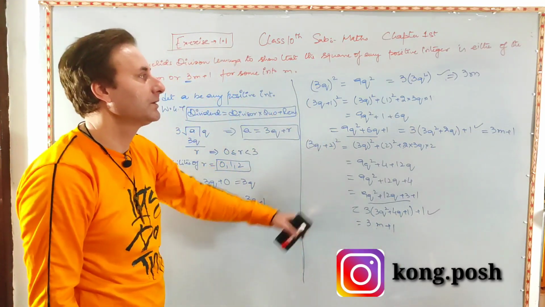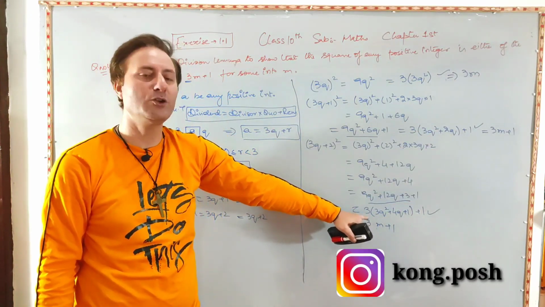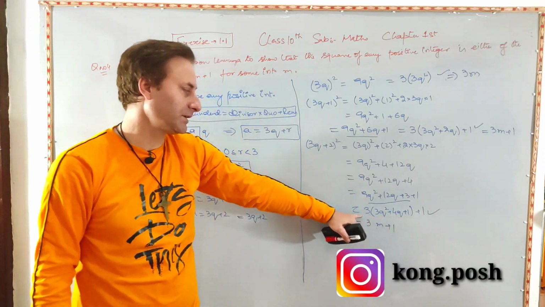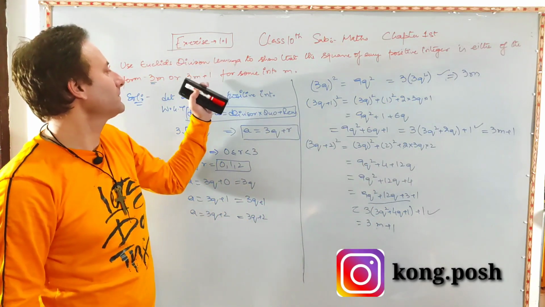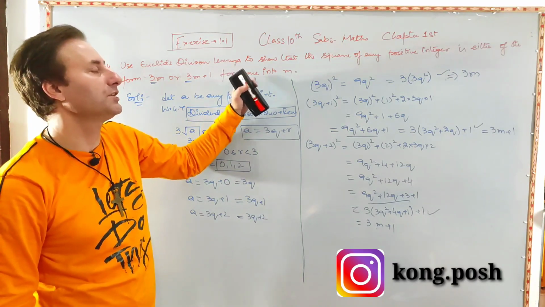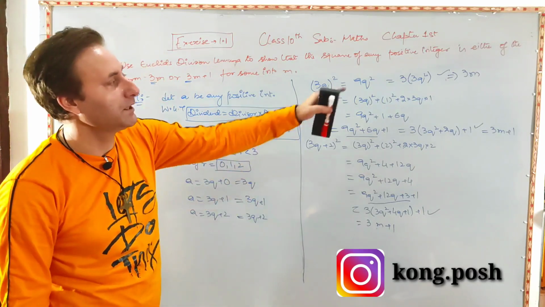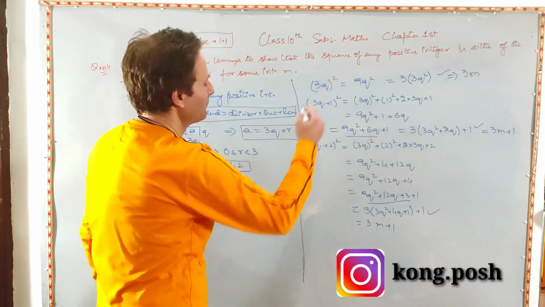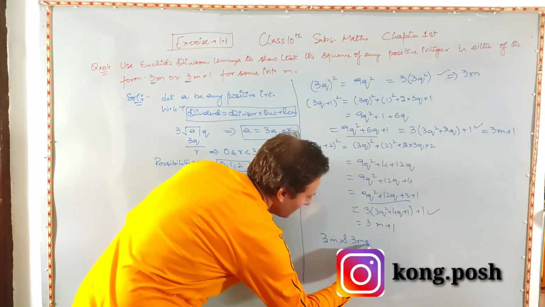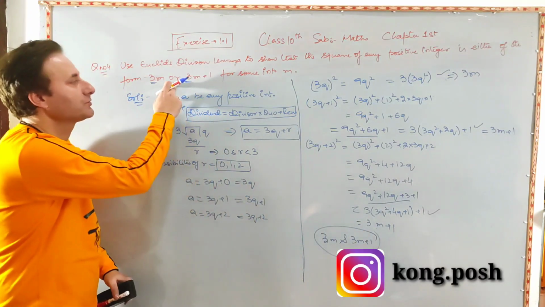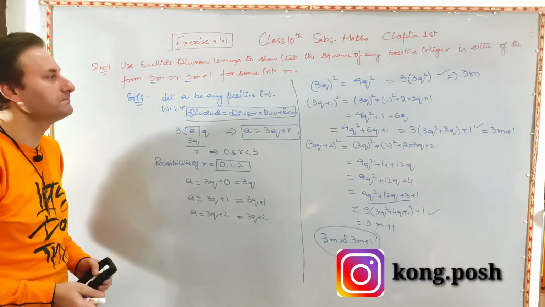You understanding my point? So these brackets are some integers, because once we have the value of q, this whole thing will become an integer. Same here and here also. So I have been allowed to give a name, that is m, to any integer, so I have just given that integer the name m. So I have 3m and 3m plus 1. That's what was asked, right? You can make a note of it, you can pause the video.